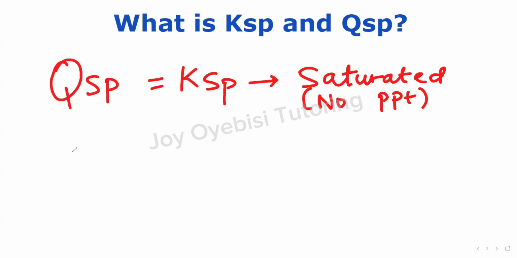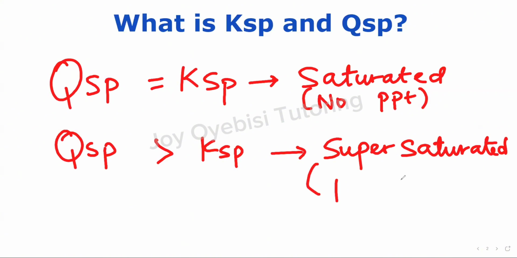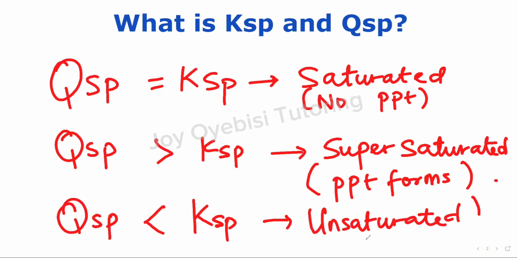Now, when QSP is greater than KSP, it means that this solution is supersaturated, which is the same thing as saying that precipitate will form. And then if you calculate and the QSP value is less than KSP, this simply means that this solution is unsaturated. No precipitate will form.